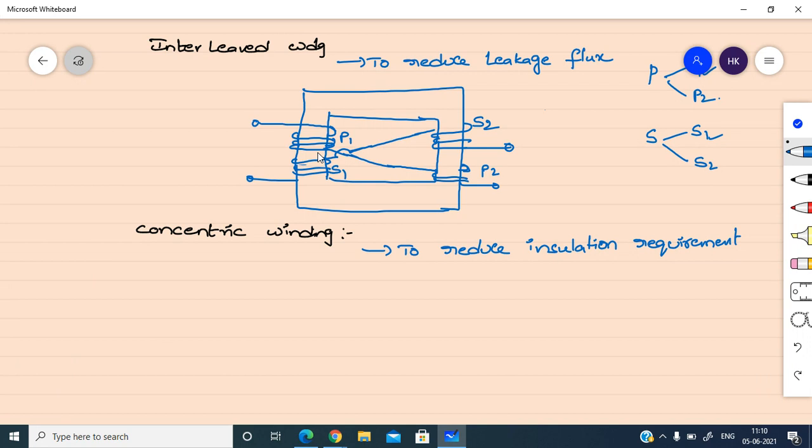And on top of the core we are winding that winding, so on top of that also you have some insulation. So to reduce that insulation requirement, this concentric winding will be used. So how will this winding be? Again in this also we have the core.